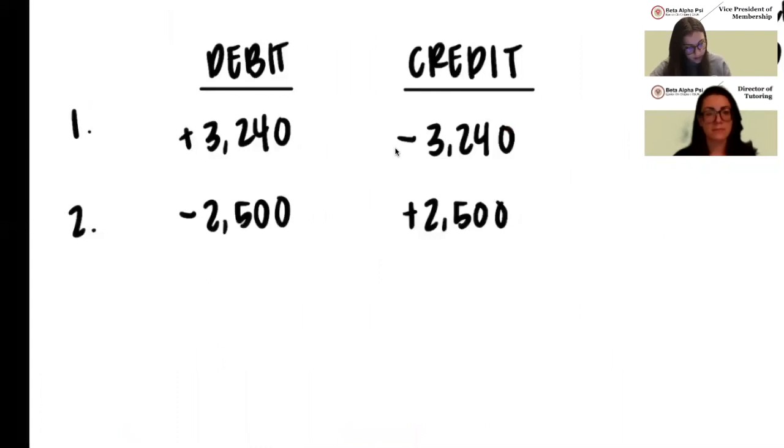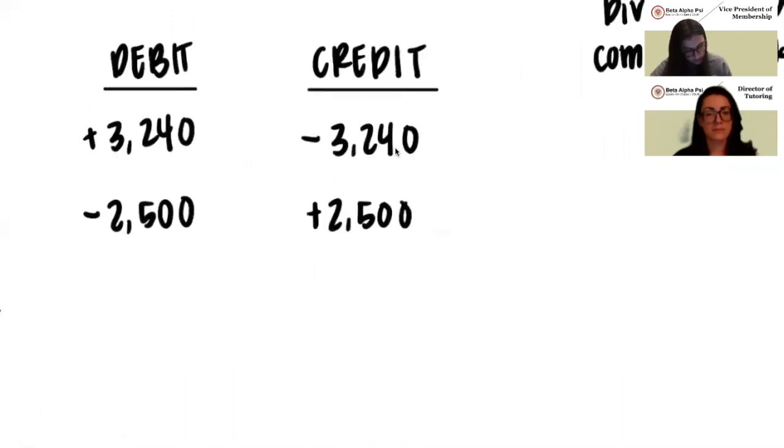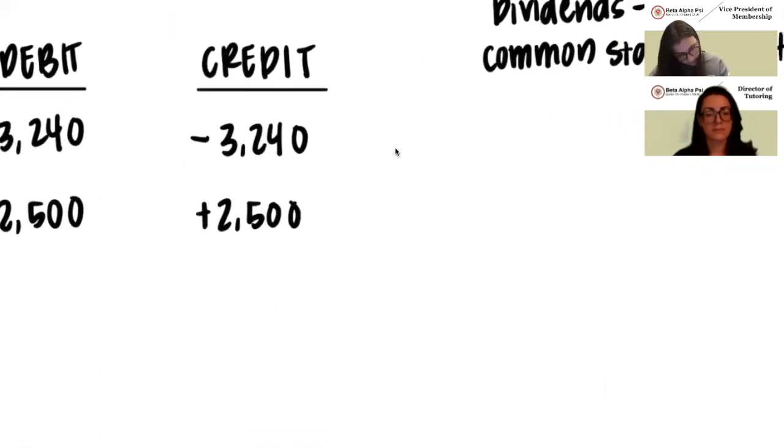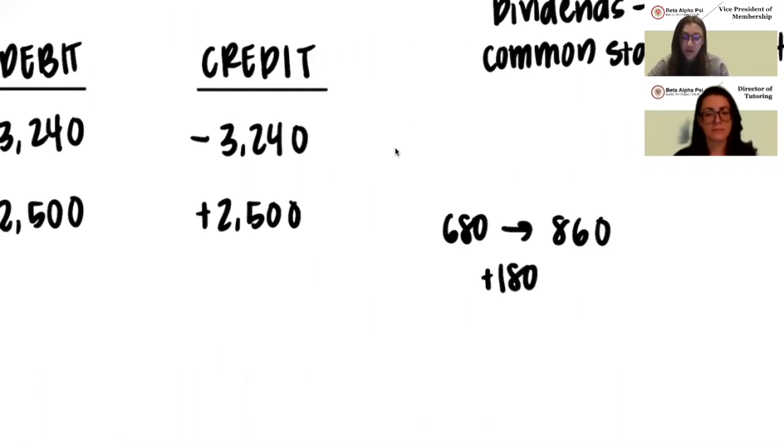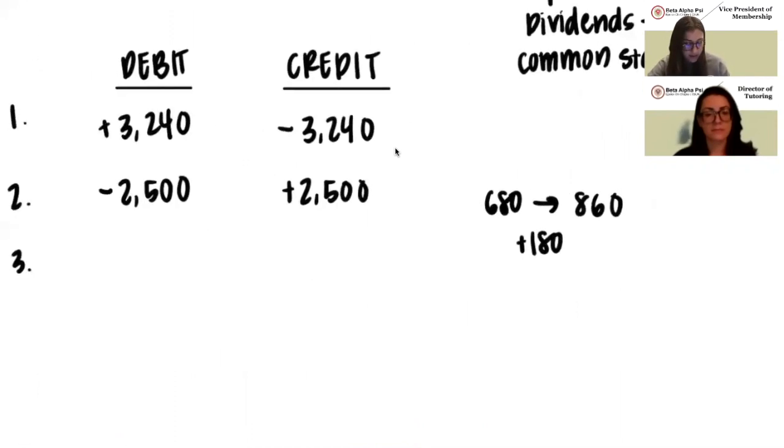So when we go here, let's find what that difference is first. If they did it for 680, but it should have been 860, we need to add 180 into both of those accounts. And cash and AR have both debit balances.